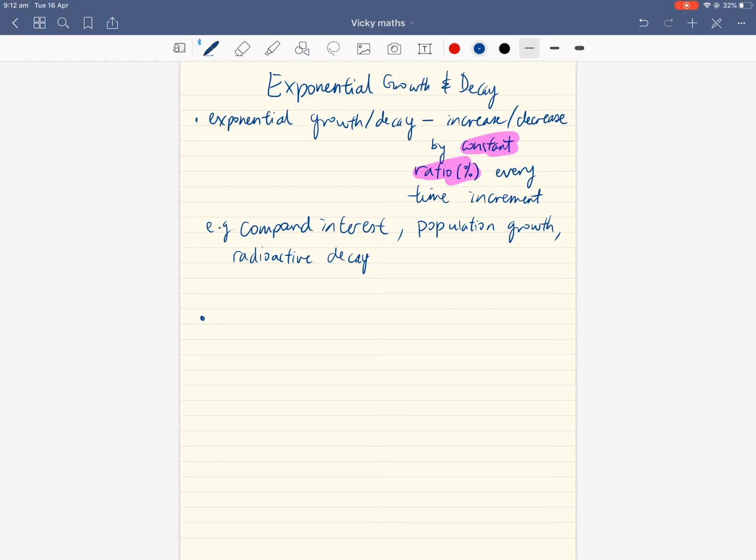Now, what's the magic formula for exponential growth or decay? An exponential function looks like A equals A naught, so A with a little zero at the bottom, multiplied by some growth rate b to the power of time.